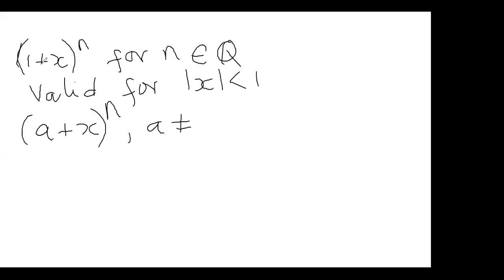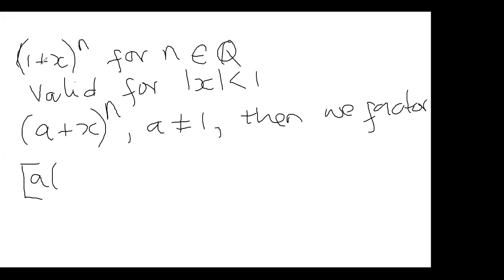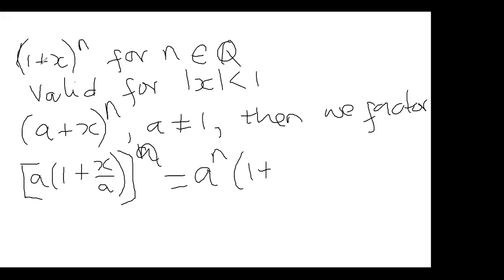Then what we do is we factor out the a. When we factor out a, we use the rules of indices. So we're saying that a plus x to the power n can be written as a times the bracket 1 plus x over a, all to the power n. Then we distribute the power, and we end up having a to the power n, then 1 plus x over a to the power n.